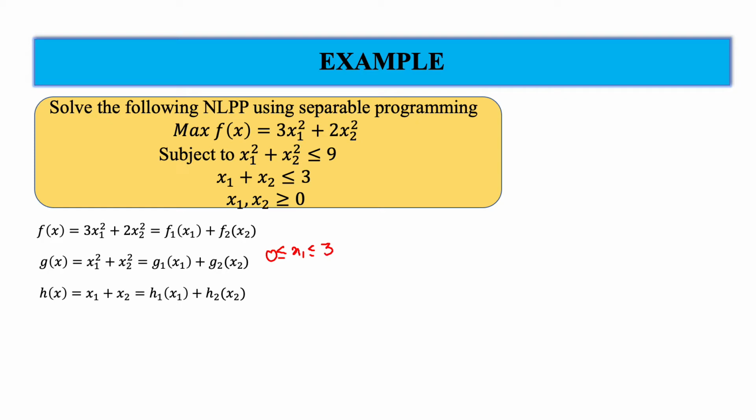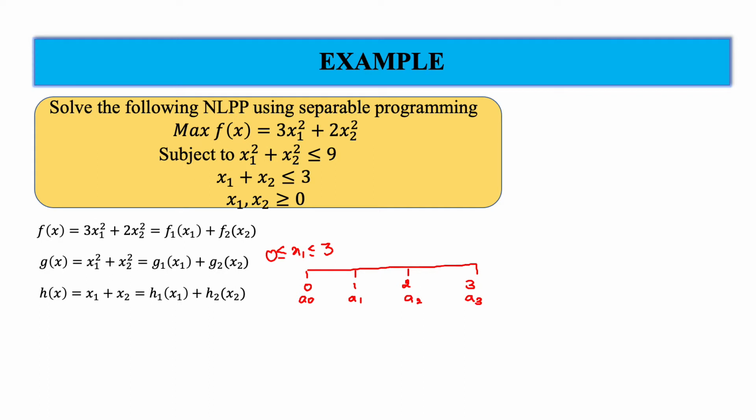We have marked the grid points as 0, 1, 2 and 3. These are the grid points: this one is A0, this is A1, this is A2, and this is A3.